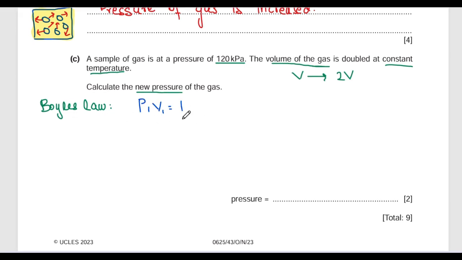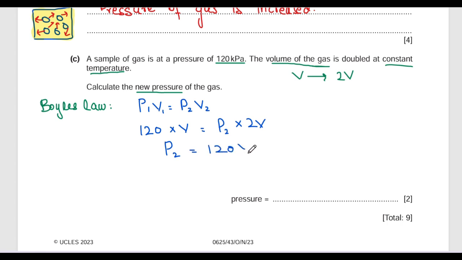P1 V1 equals P2 V2. P1 is initial pressure, which is 120 kilopascal. V1 is initial volume, which is V. P2 is the new pressure that we don't know, so I'm just keeping it as it is. And then V2 is twice the initial volume.